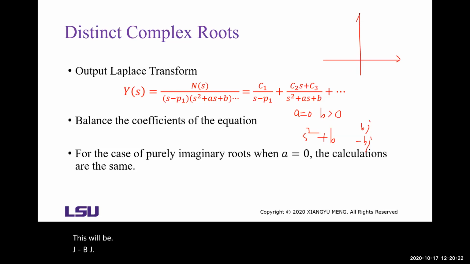In the complex plane, the real part, imaginary part, sorry, here it should be a square root. So we have here square root of b, and here minus square root of b. In this case, the calculations are the same.